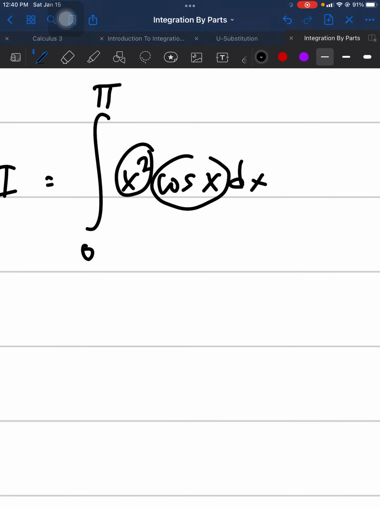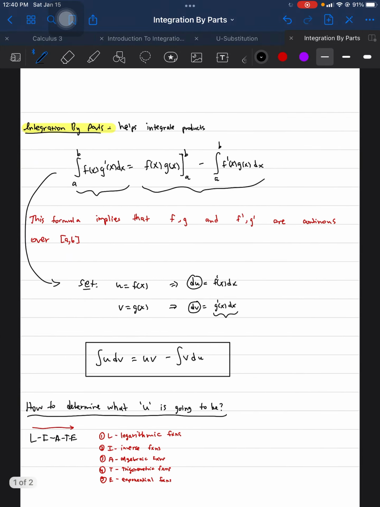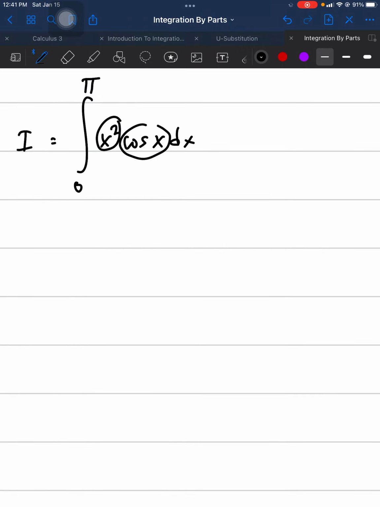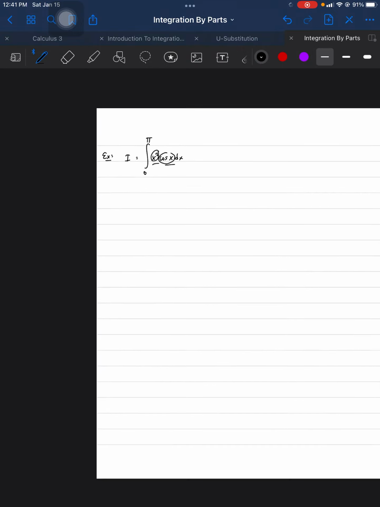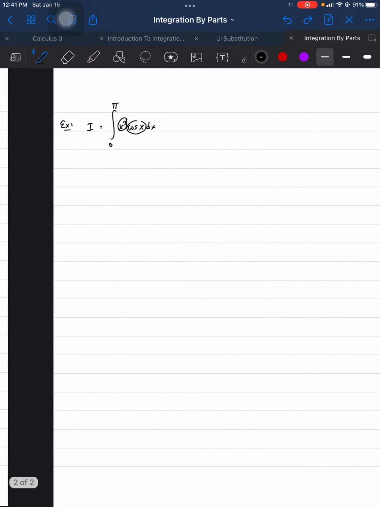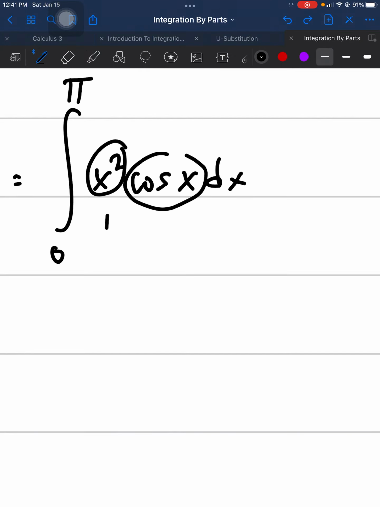Based off of LIATE, we know that we want to give priority to the algebraic functions. Since we only have an algebraic function and a trigonometric function, the algebraic function gets more priority over trigonometric. So we know that we want u to be x squared, and we want cosine x dx to be dv.